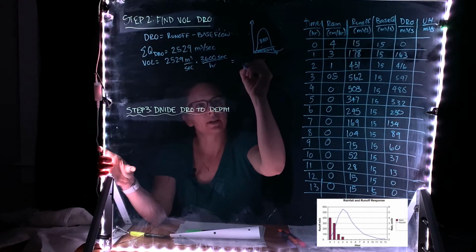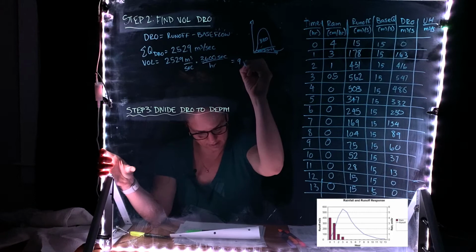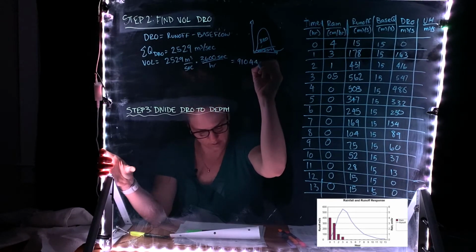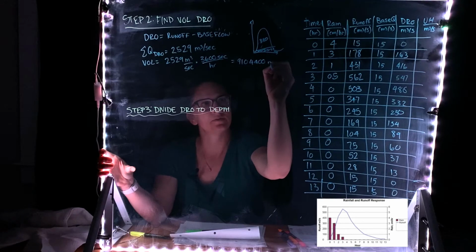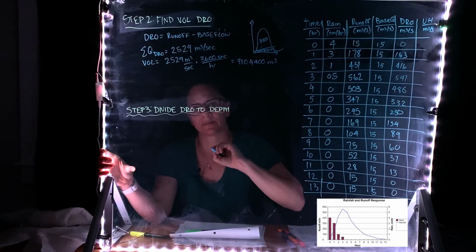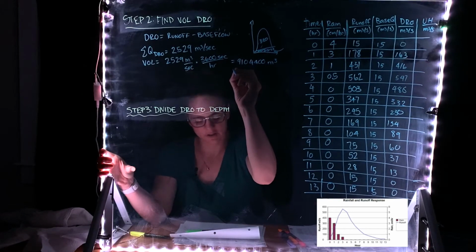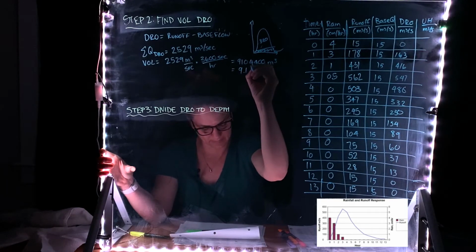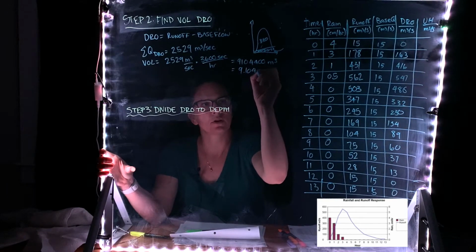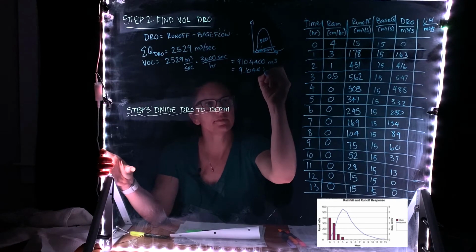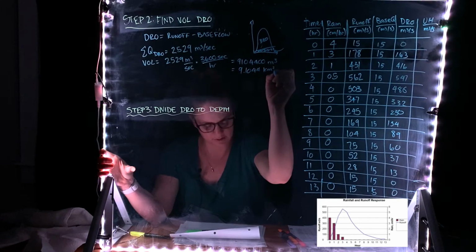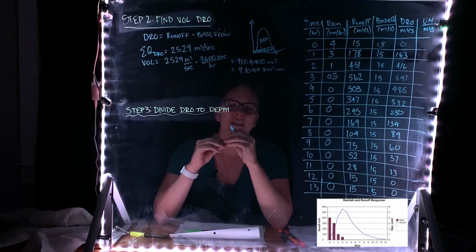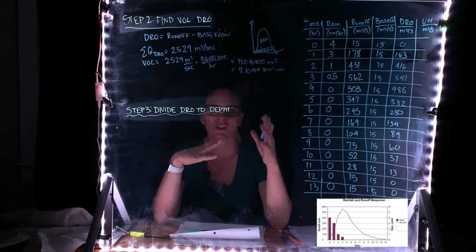And you will get 9,104,400 meters cubed. I'm going to do a little manipulation here and write this as 9.1044 kilometers squared times meters.